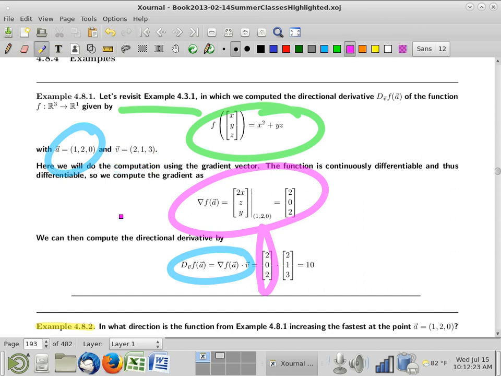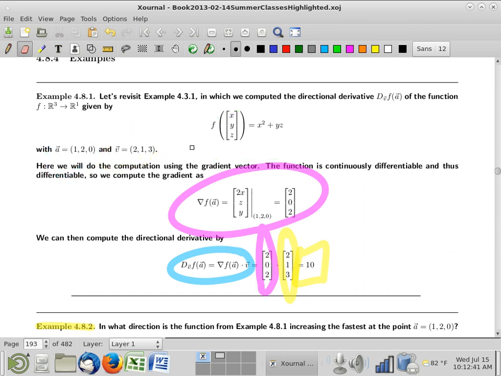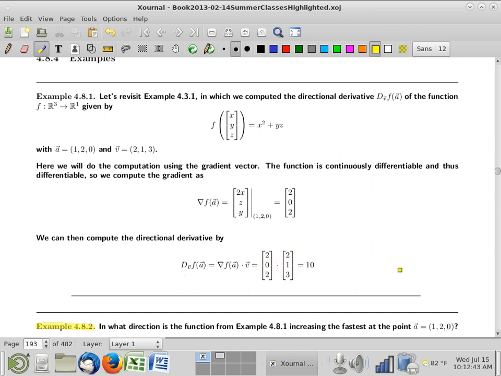And the velocity vector is what I dot it with. And we get the answer you might recognize from back in 4.3. So gradient vectors are an alternative way of computing directional derivatives. Again, this is a variation of using the Jacobian matrix, which requires that the function be differentiable, but as a polynomial, of course, this definitely is.